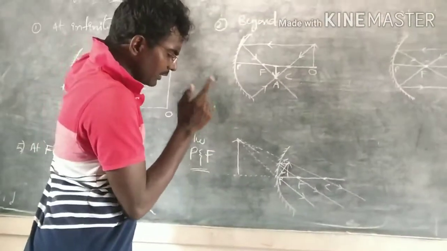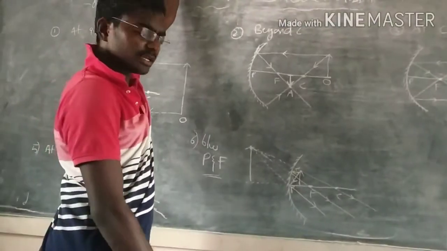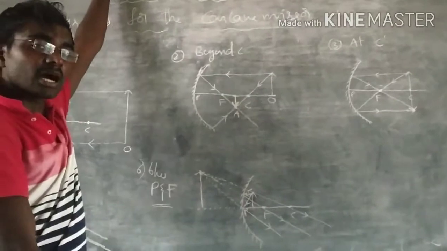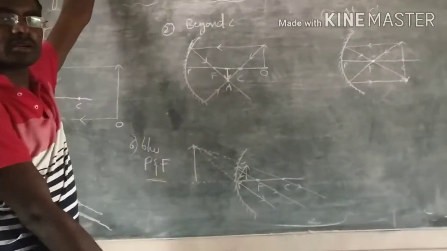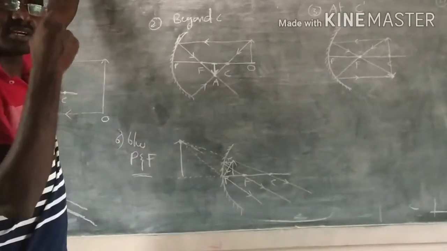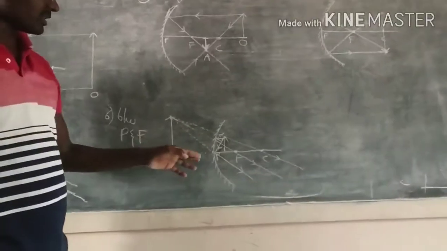This is a very useful property of the concave mirror. In our daily life, due to this property, dentists use a concave mirror to see the enlarged image of our teeth. So this is the special property of the concave mirror.